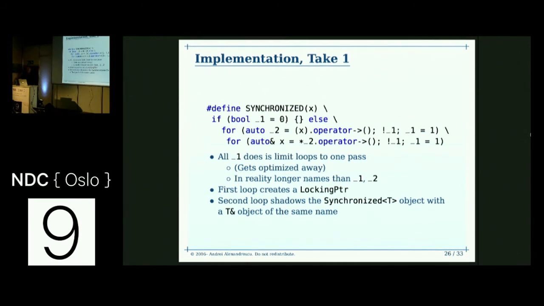Yes? Does the compiler not do the arrow trick for you in this case? Why do you do it by yourself? No, because what I want to get is not the pointer, I want to get the reference. So if I want to get the reference, I need to do them by hand.